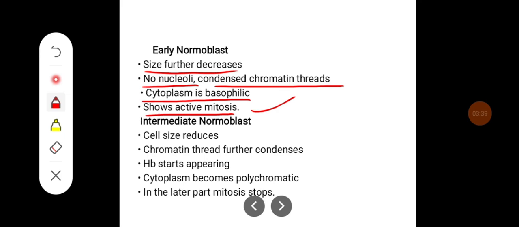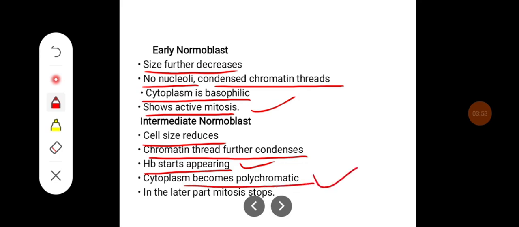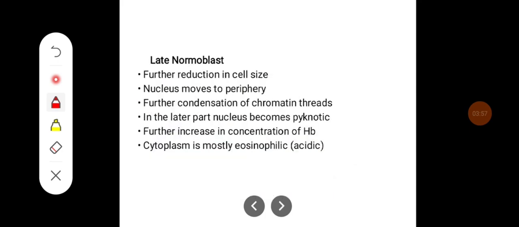Intermediate normoblast stage: the cell size further reduces, chromatin threads further condense, and hemoglobin starts appearing in this stage. Cytoplasm becomes polychromatic, that is, it stains both eosinophilic as well as basophilic, and in the later part, the mitosis stops.